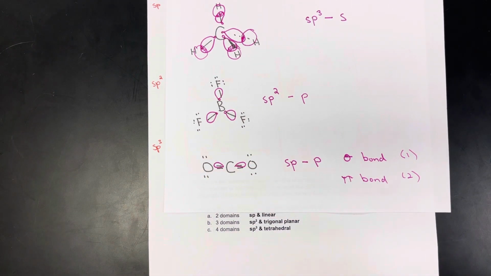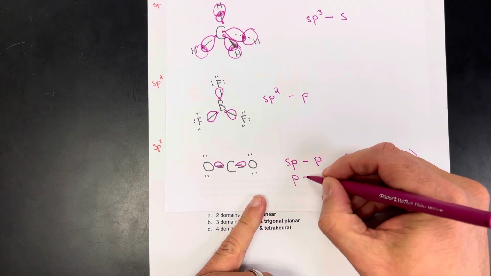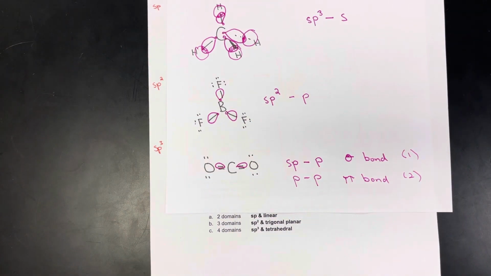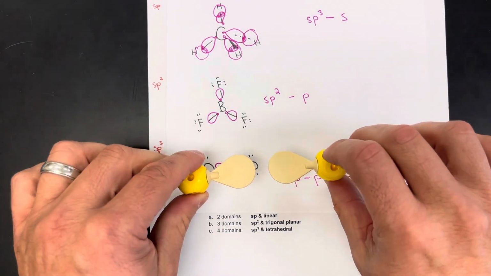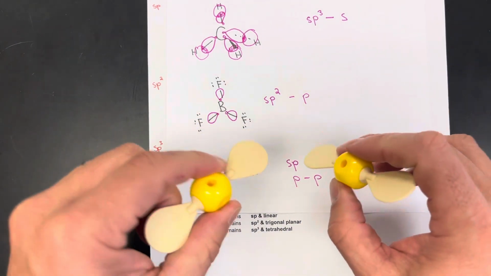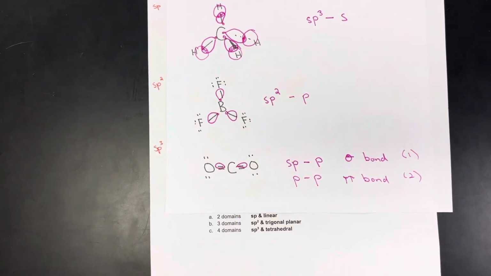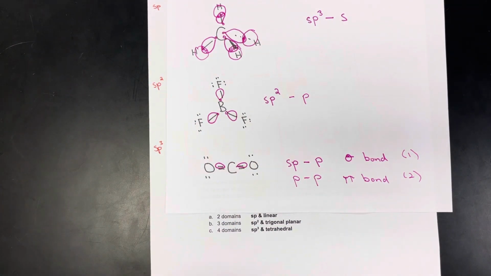When we get to the pi bond, it's always the p orbitals that are overlapping, because it's the p orbitals that are perpendicular to the internuclear axis. Hopefully all that makes sense.